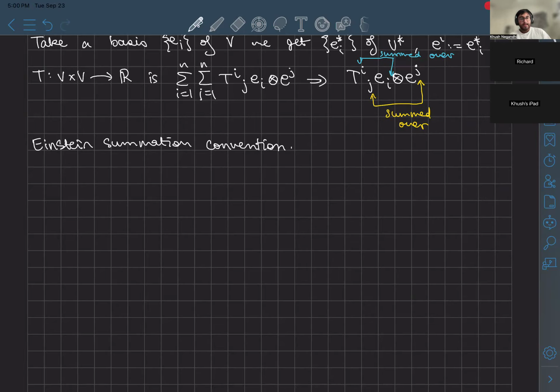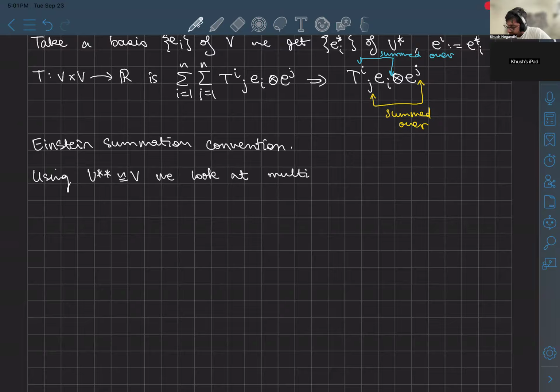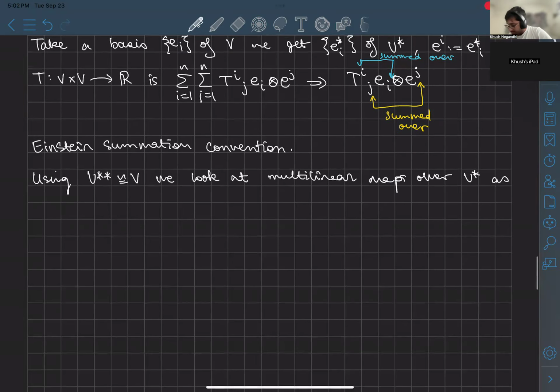Okay, so using the isomorphism, V double dual is canonically isomorphic to V, we can look at multilinear maps over V star as members of V tensored with itself n times.